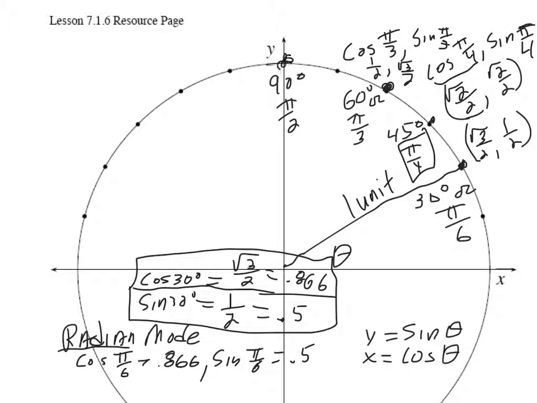And up here at pi over 2 radians, if you type in the cosine of pi over 2 and the sine of pi over 2, you should get the coordinates of 0, 1.